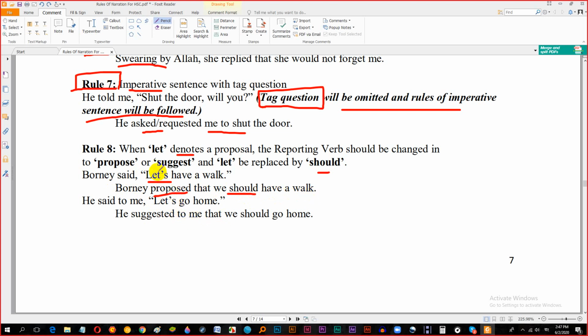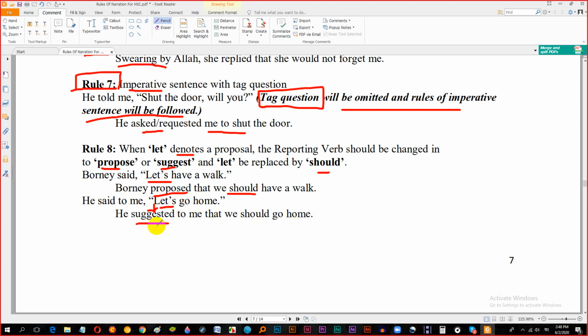Now see, we can use propose or suggest. We can use only one, no problem. So here we could also use: Borny suggested that we should have a walk. Or he said to me, let's go home. Let's means let us. So here we can convert this into suggested, or: he proposed that we should go home.